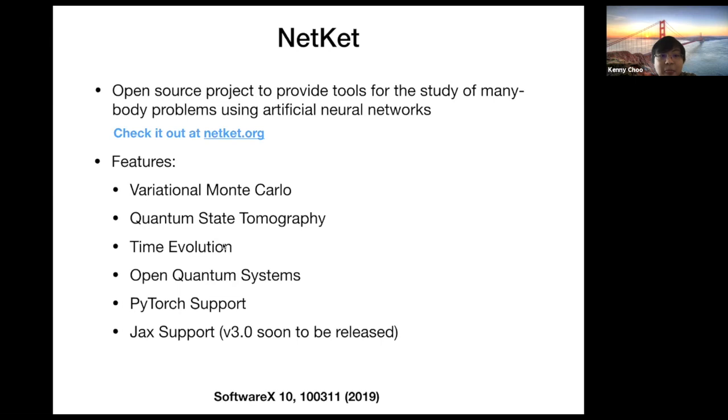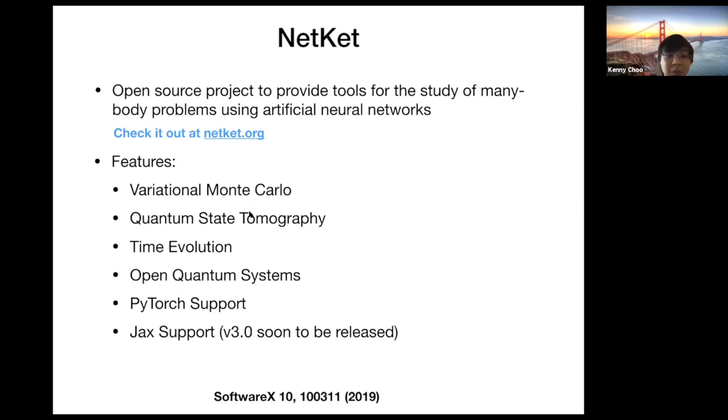Beyond the main feature of finding ground states of Hamiltonians, there are also more recently other tools such as quantum state tomography, where given some observations of a state, we try to find the best wave function that reproduces those observables, as well as unitary time evolution and open quantum systems.